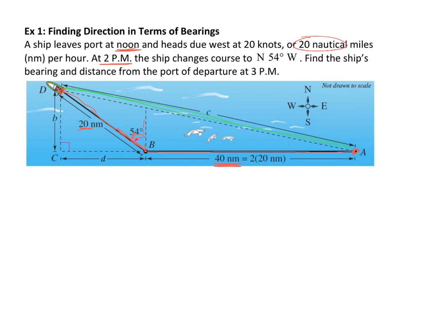Well, let's see. It's headed north, but then a certain amount of degrees west, because we're going to the left. So it's north, west. It's in this region here. That's where we are with the boat. So we have to figure out this angle measurement here. How are we going to do that? Let's see what we have to work with here.